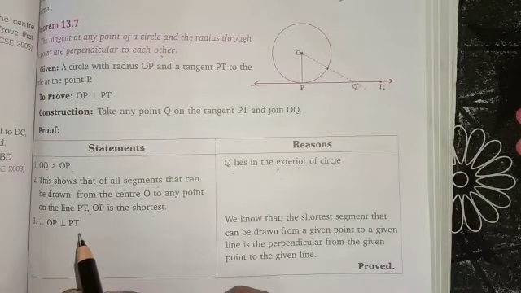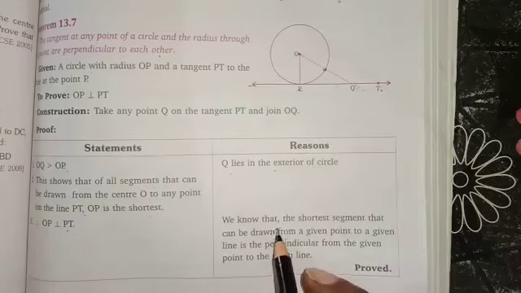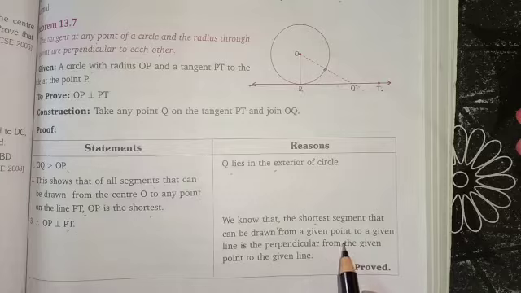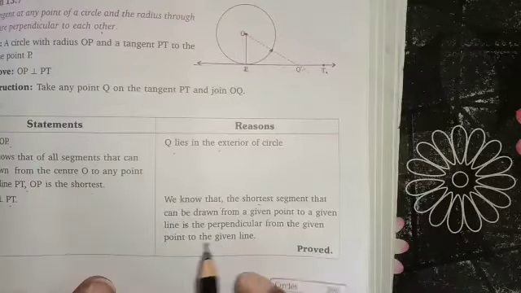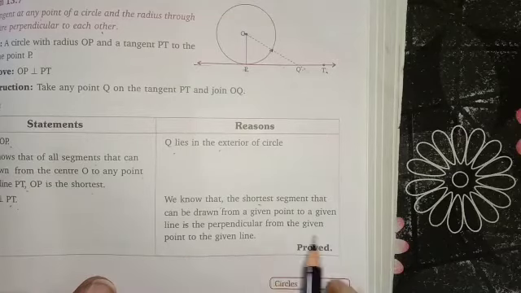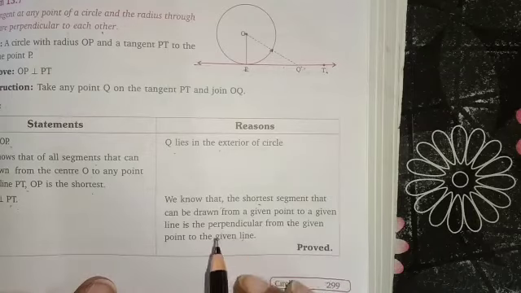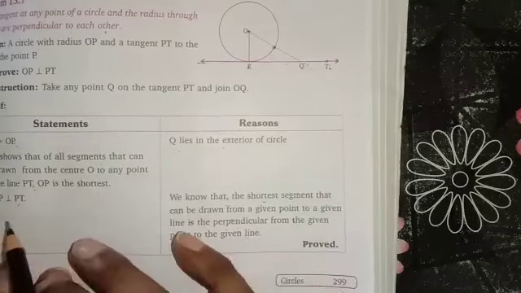Therefore, OP is perpendicular to PT. We know that the shortest segment that can be drawn from a given point to a given line is the perpendicular from the given point to the given line. That means the perpendicular will be the shortest line, compared to any other line. As per this, therefore OP is perpendicular to PT. In this way, this theorem is completed.